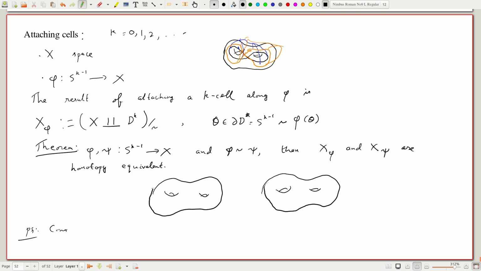We construct maps F from X_phi to X_psi, and G from X_psi to X_phi, and homotopies between them. I'll be very sketchy here. So what is the idea of constructing the maps?